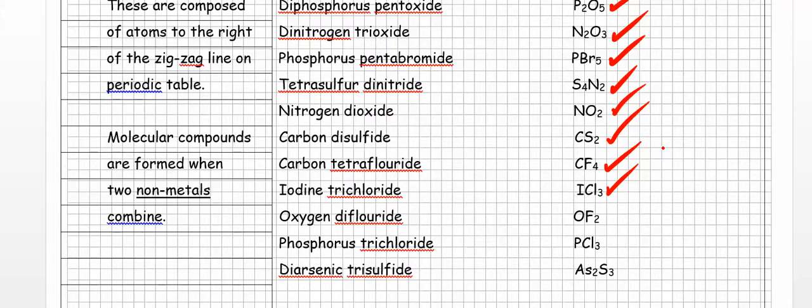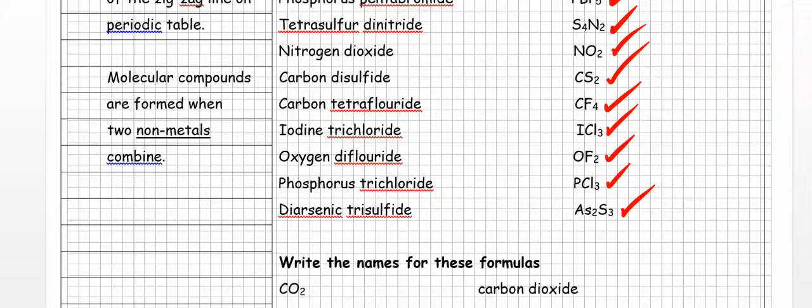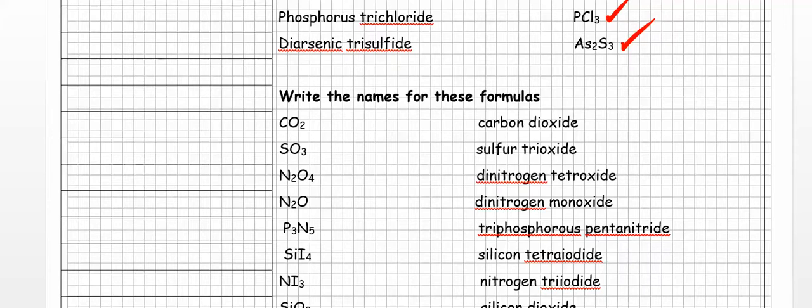Oxygen difluoride, 1 oxygen, 2 fluorines, OF2, just like that. Phosphorus trichloride, tri is 3, so PCl3, just like that. Diarsenic trisulfide would be As2S3, di is 2, tri is 3, so As2S3, and that completes our molecular compound going from name to formula.